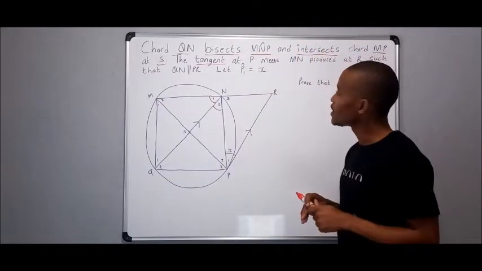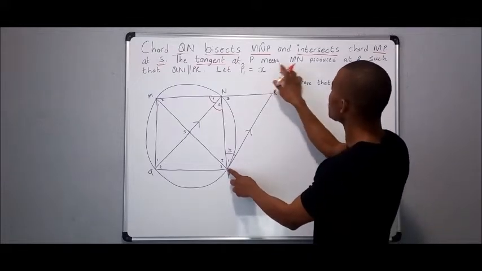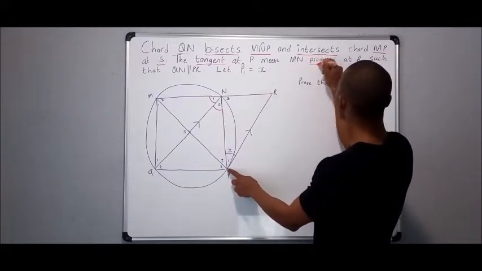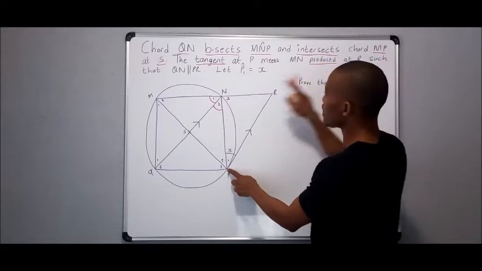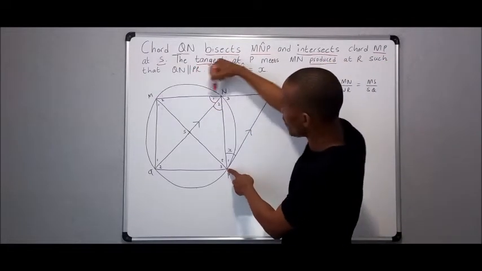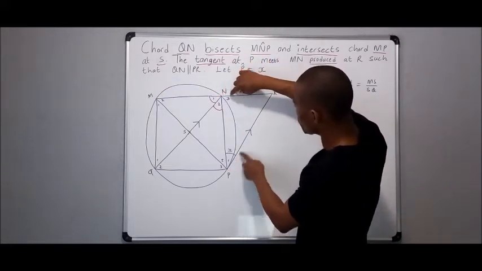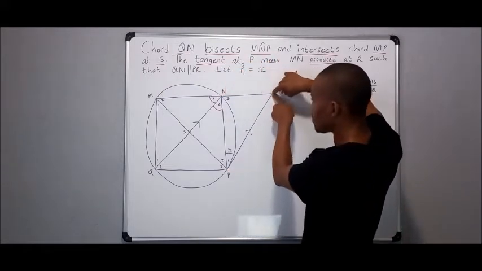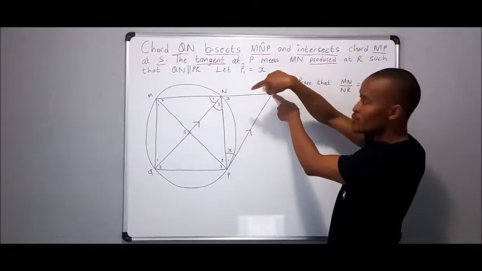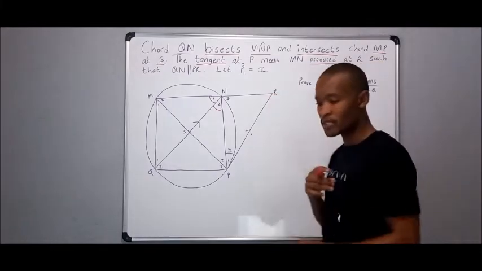Okay. So the tangent at P, so here's P, meets MN produced at R such that QN is parallel to PR. So MN is produced to R. So the tangent meets the chord, which is produced to point R. And the word produced means to extend.